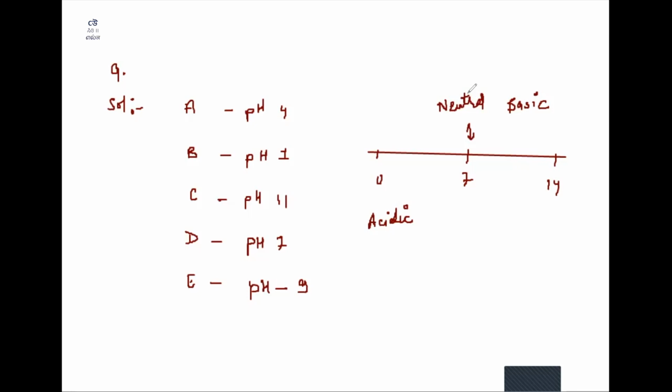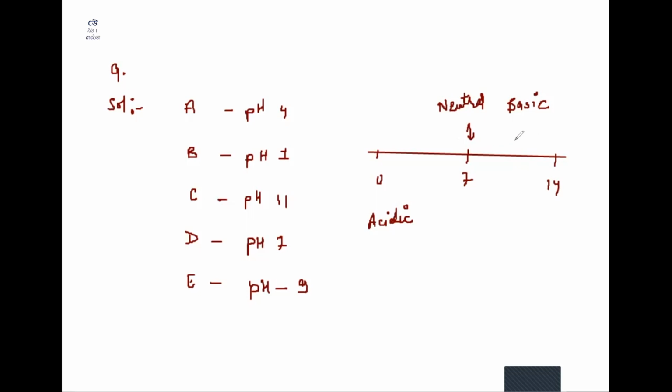So we know that solutions are acidic or basic in nature with the help of the pH scale. But the question is, how can we say which one is strongly acidic or strongly basic, and which one is weakly acidic or weakly basic? So for that, you have to remember that if a solution has a value of 1, 2, 3 or 4, these are going to be strongly acidic. On the other hand, if a solution's pH value is from 4.5 till 6.9, then they'll be called weakly acidic.